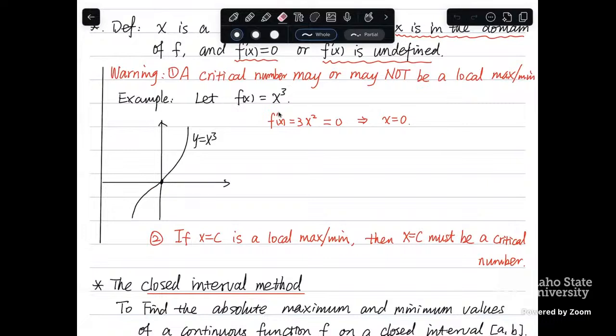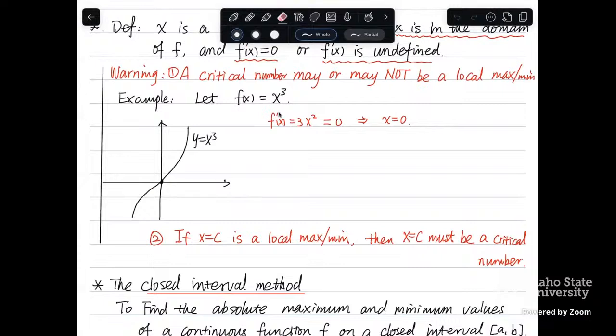When we see maximum value or minimum value, it means the question is asking for the function value, the y value, instead of the position of the x, the position of this maximum or minimum.